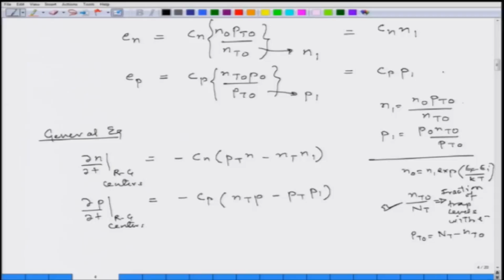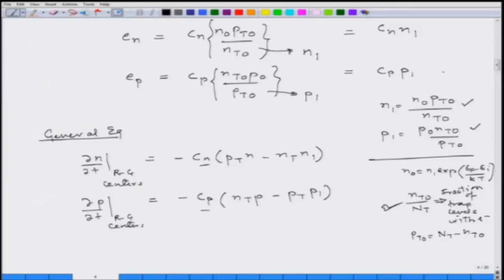So, basically this expression n_1 and p_1 can be calculated, and now we have then RG statistics which can be written in this term, where we have basically, starting from 4 rate constants, using the equilibrium condition, reduced it to 2 constants, which is the capture of electron and capture of the holes by the RG center, and this expression here.